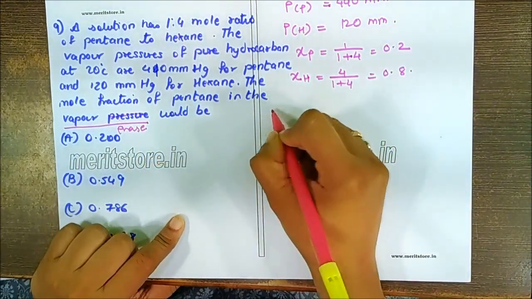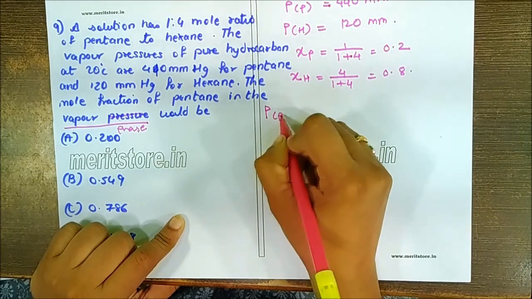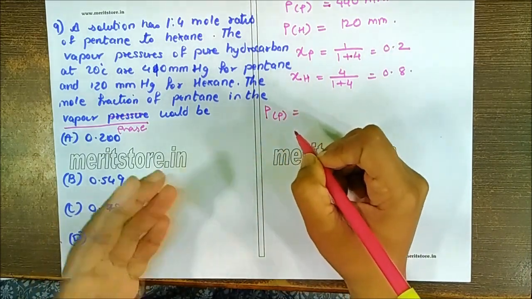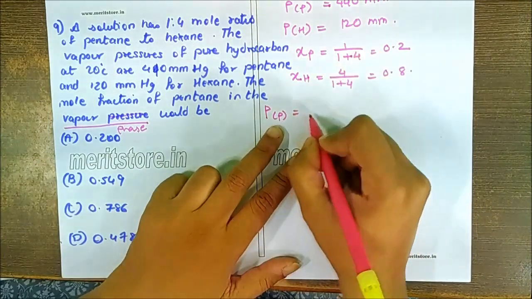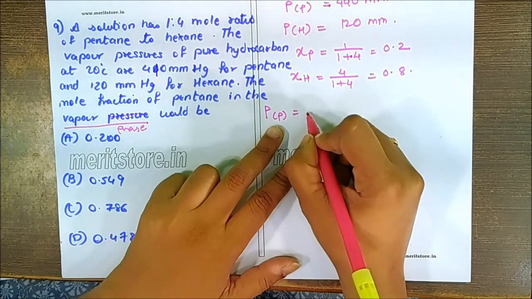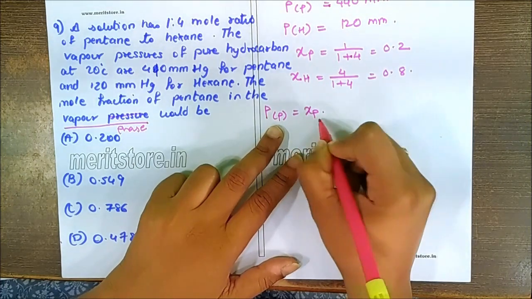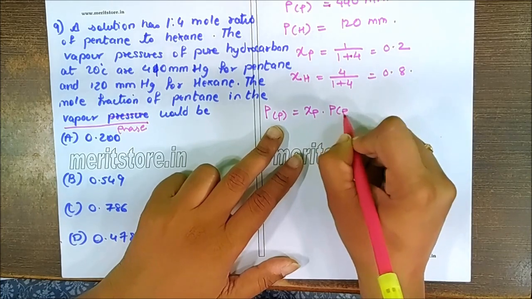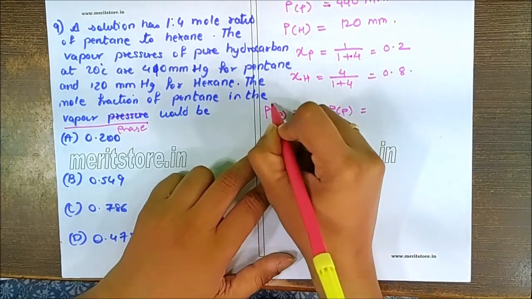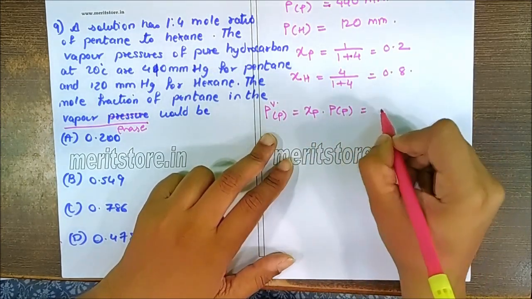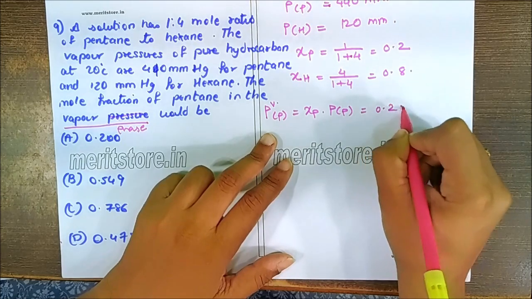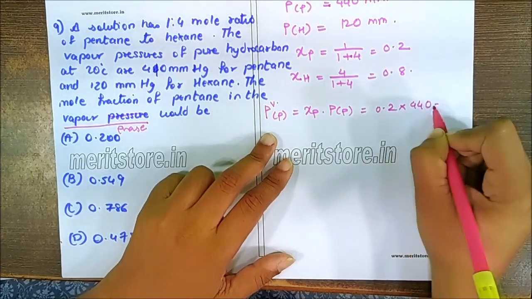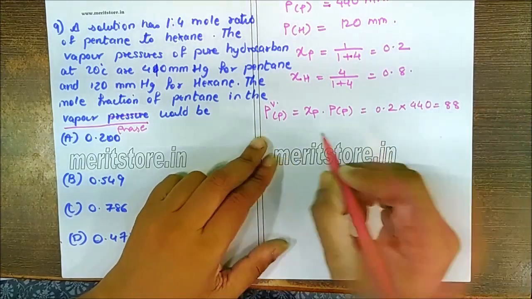Now the pressure of pentane in that solution in the vapor phase will be the mole fraction of pentane times the pure vapor pressure of pentane. So this comes out to be 0.2 into 440, that is 88.